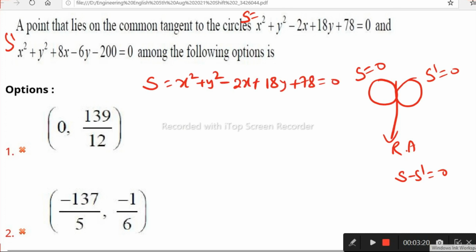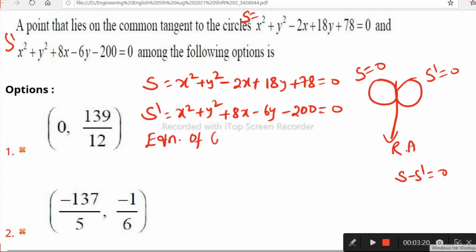S dash is x square plus y square plus 8x minus 6y minus 200 equals 0. What is the common tangent? The equation of the common tangent is nothing but the radical axis, S minus S dash equals 0. From that we can check which given option point lies on this line.